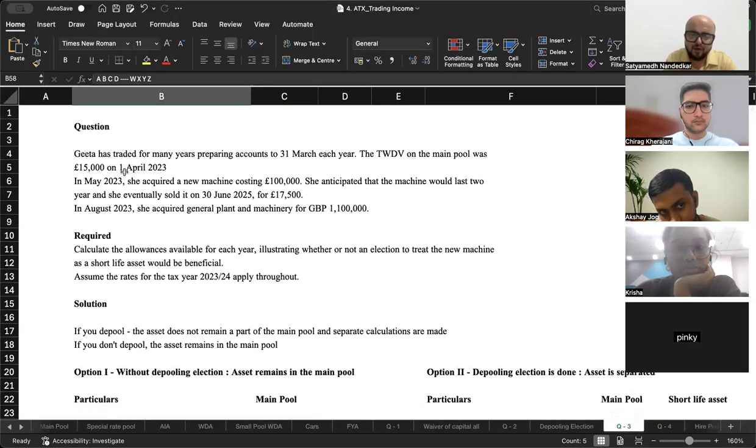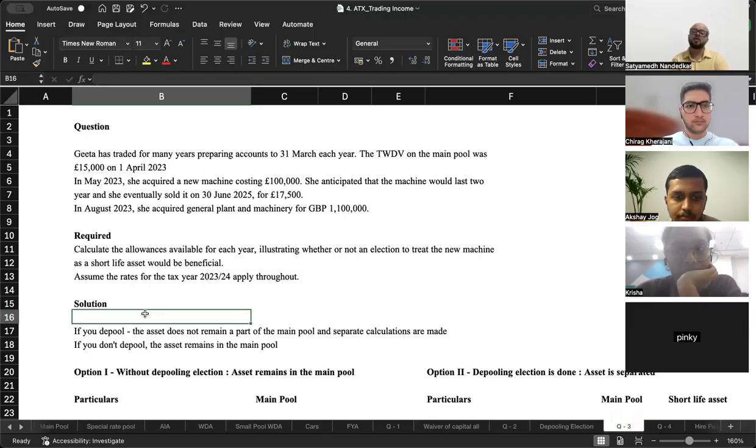Geeta has traded for many years and prepares accounts to 31st of March each year. The TWDV on the main pool was 15,000 on 1st of April 23. In May 23, she acquired a new machine costing 1 lakh. She anticipated that the machine would last 2 years and she eventually sold it on 30th June for 17,500. In August 2023, she acquired general plant and machinery for 11 lakh.